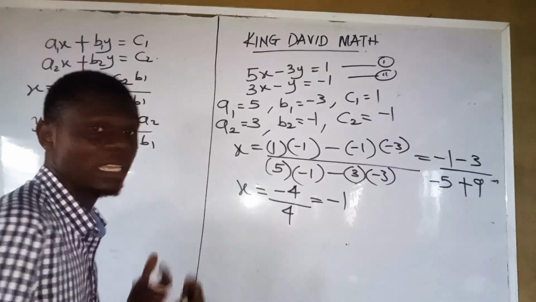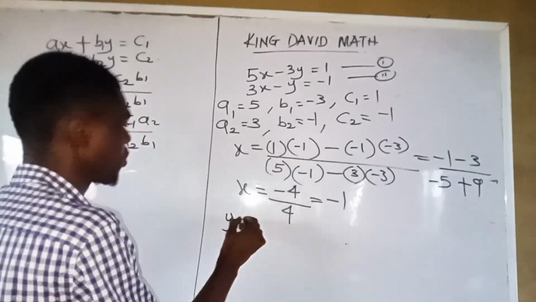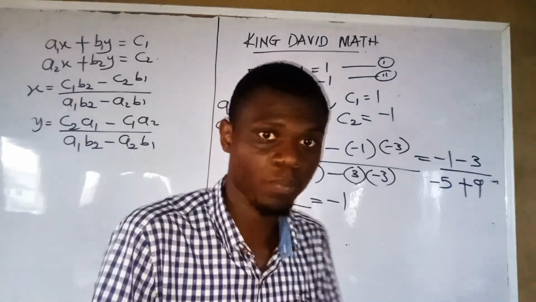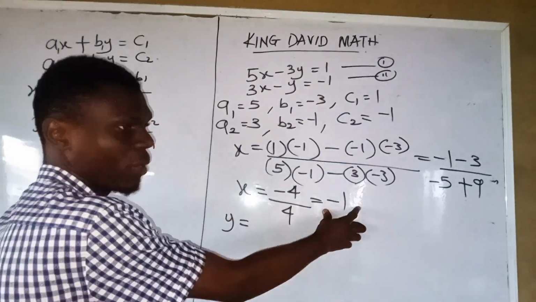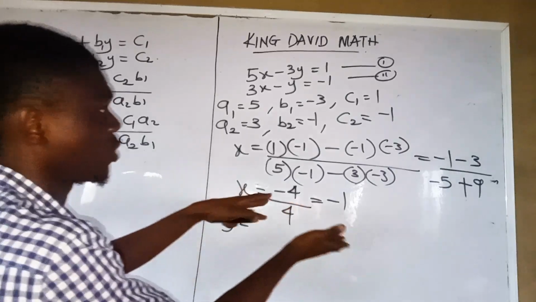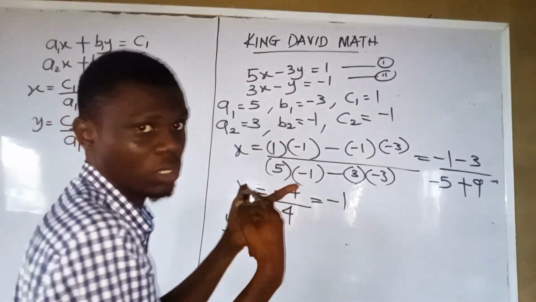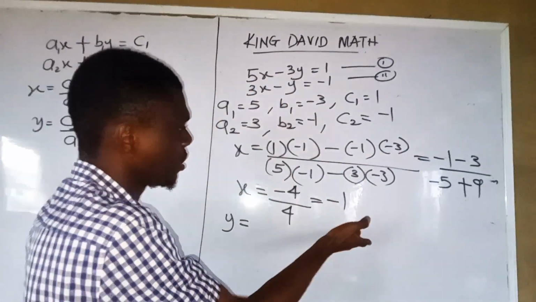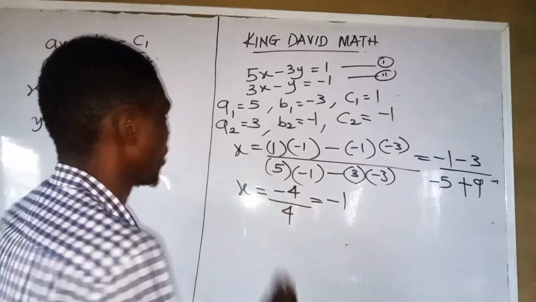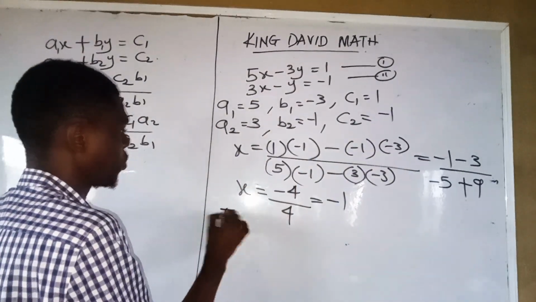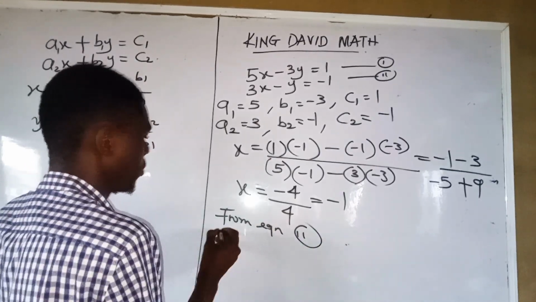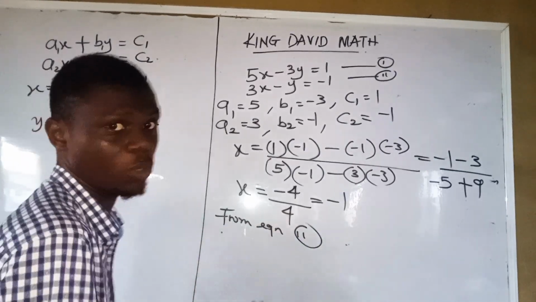Now, like I said, it won't be reasonable, after getting the value of x as minus 1, to start using this formula to get y. You can just easily substitute, since you already know what your x is. Let me do the substitution. Now that I've gotten my x is minus 1, I can substitute into any equation. I can say from equation 2, since my x is minus 1, I can put minus 1 anywhere I see x.